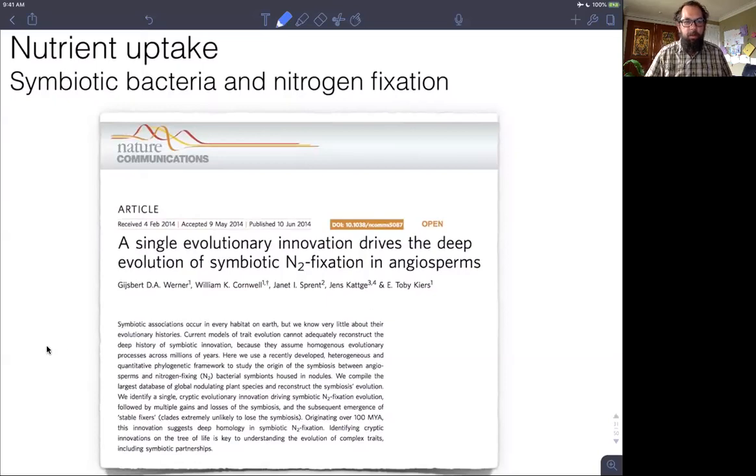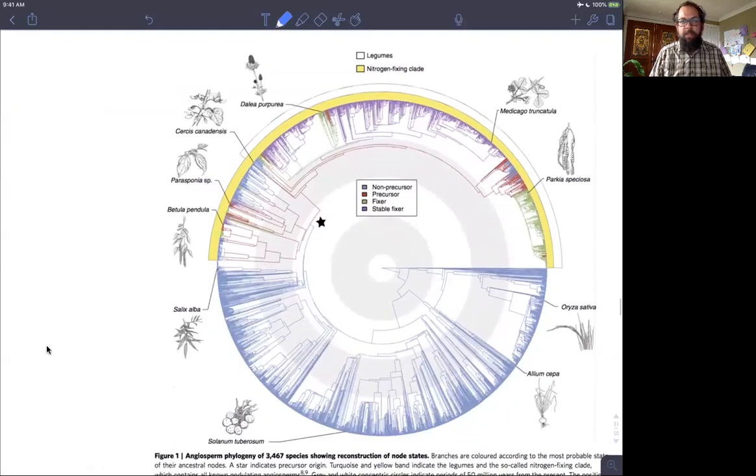And this paper utilized, I think I showed you, a big phylogeny that we did looking at freezing tolerance in plants. They actually used that same phylogeny of around 30,000, trimmed down, and they used that phylogeny to investigate the distribution of nitrogen fixation.